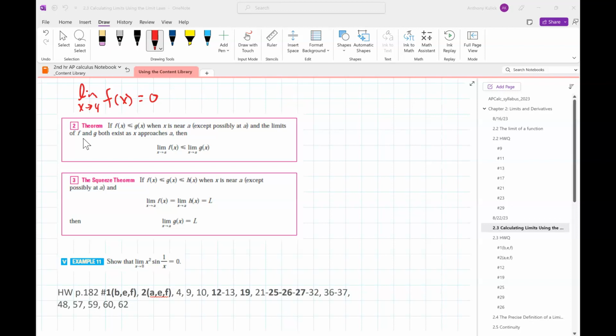So this says if f of x is less than or equal to g of x, which is less than or equal to h of x, and that doesn't have to be everywhere, it just has to be when x is near a, and the limit of the lower bounding function, that's the f of x, is equal to the limit of the upper bounding function, that's the h of x, that tells us that the function in between also has that same limit.